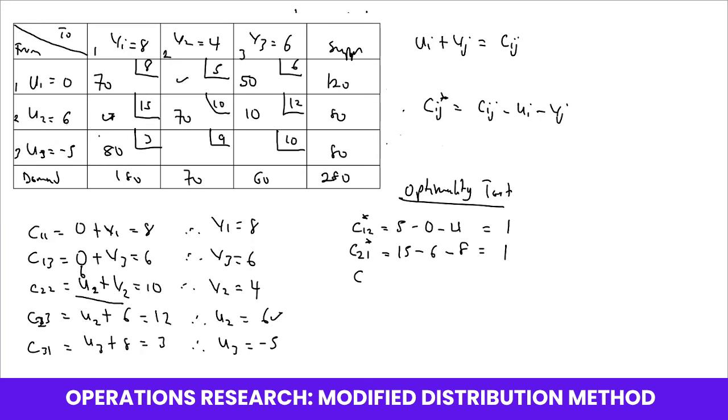And then our next unallocated cell is here, that's C32.